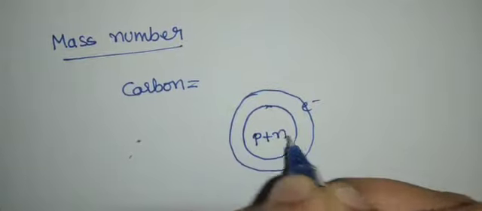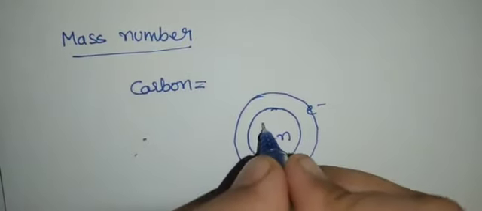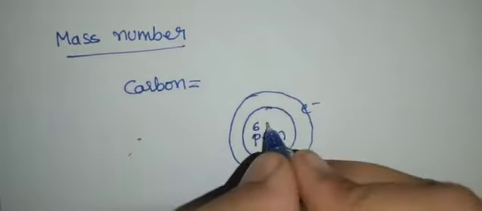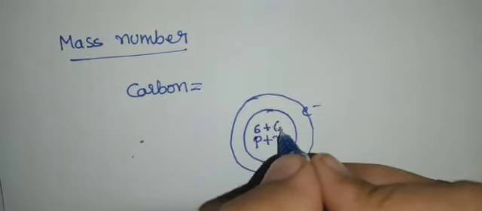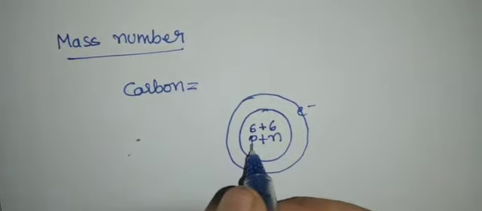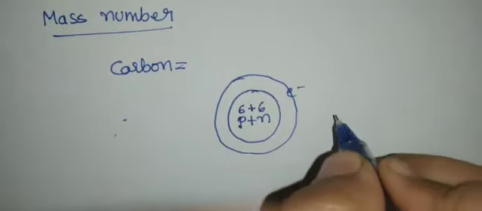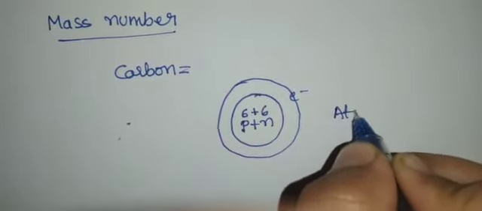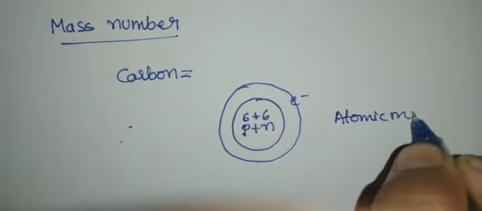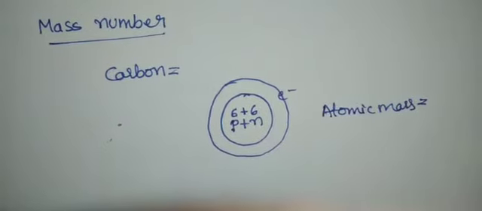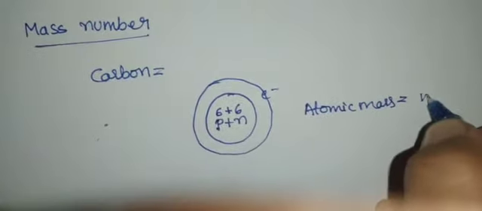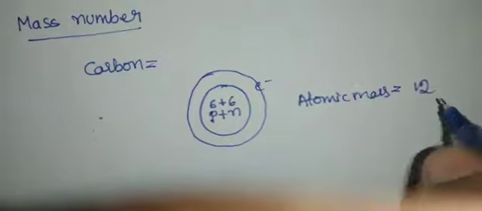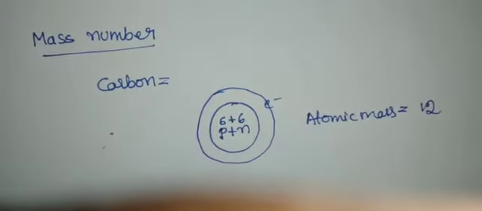Proton and neutron. Carbon has 6 protons and it also has 6 neutrons. So we have to add this number of protons and neutrons. So now the atomic mass of carbon is 6 plus 6, that is 12. 12 is the mass number or atomic mass of carbon.